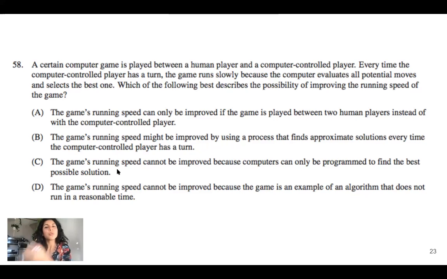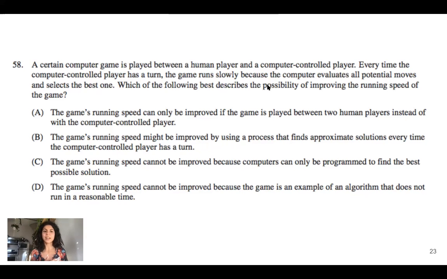And yet we went over what a heuristic is. And so we know that our computer programs can find approximate solutions because remember we looked at that wavy graph, and depending on where it starts, it might just fall at a local minimum instead of a global minimum. And as a result, that is an approximate best solution.